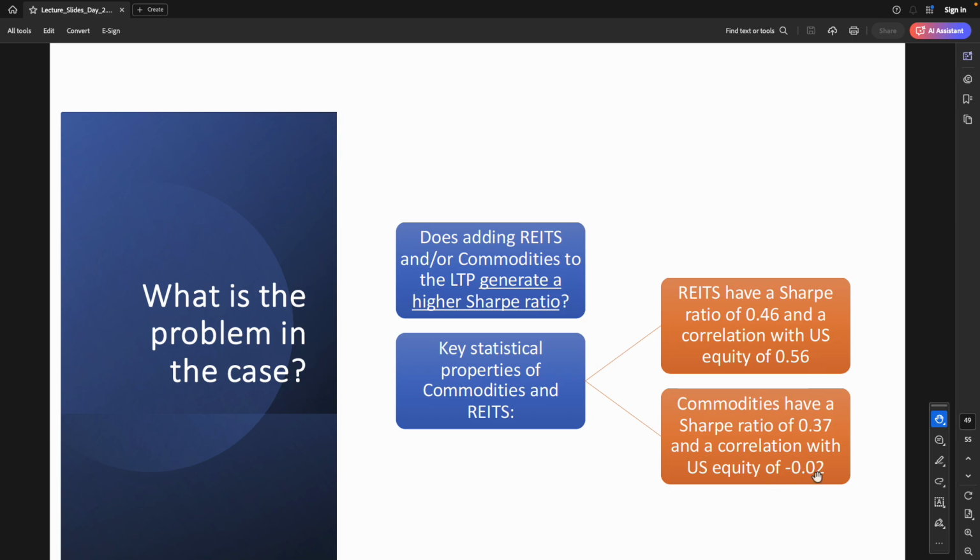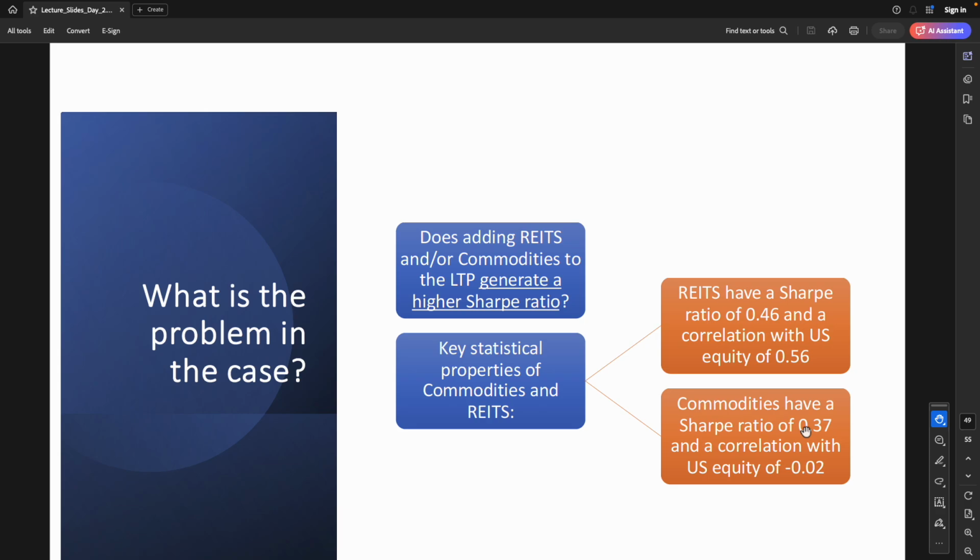But on the other hand, commodities is interesting because it has a negative correlation. So it now dominates long-term bonds as a diversifier, and it has a higher Sharpe ratio than the bond. So I can really see now that commodities are the asset that will make the capital allocation line steeper. Right? So before even running the analysis, I can see that commodities must have a big share.